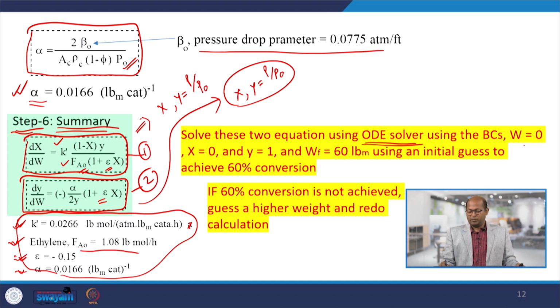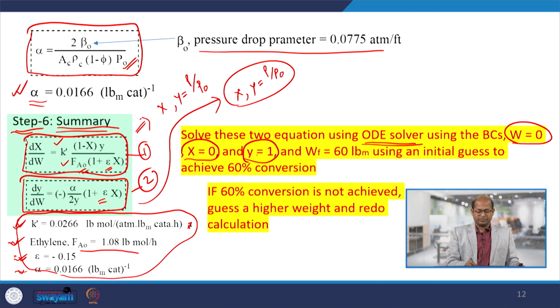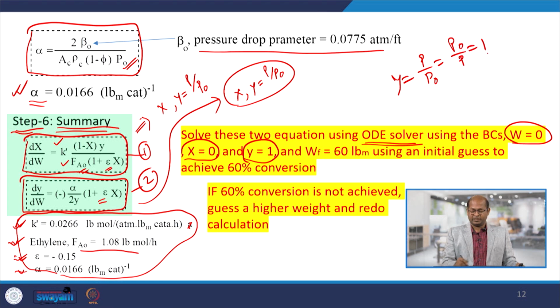So, here the boundary conditions: let us say W equals 0 initially, when x equals 0, meaning there is no catalyst, then conversion is 0, and y equals P by P naught, which equals 1 at the beginning. Okay. That is when the reaction has just started, at the entrance of the reactor.